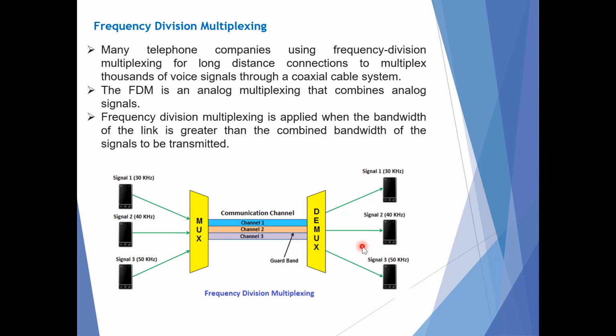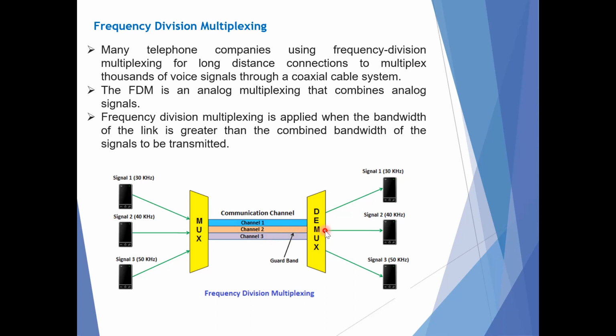Each signal to be transmitted modulates a different carrier. The modulation can be AM, SSB, FM, or PM. The modulated signals are then added together to form a composite signal which is transmitted over a communication channel.